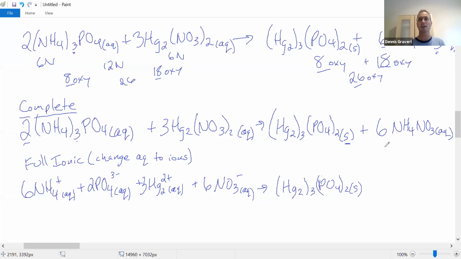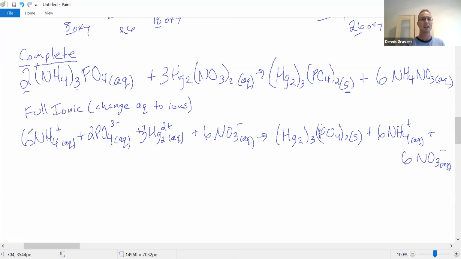And then over here, we left the solid alone. So go after the other aqueous. There's 6 ammoniums, plus with an aq, and I'm running out of room, so I'll put it down here. There's also 6 nitrates. Awesome. That didn't take too long. And it was helpful that we could go back and look at our work of doing the complete ionic equation to get the formulas for these cations and anions.